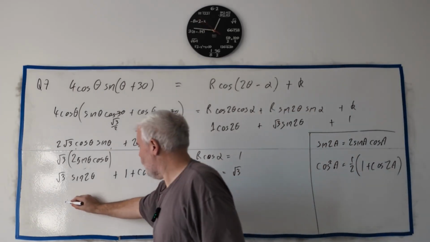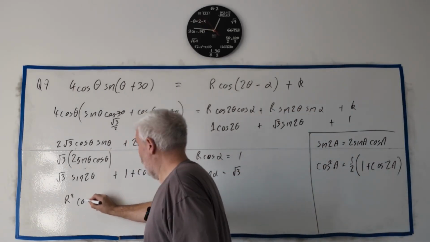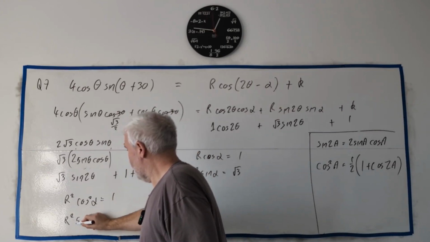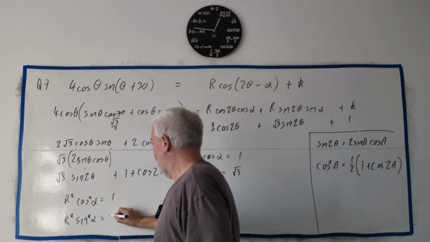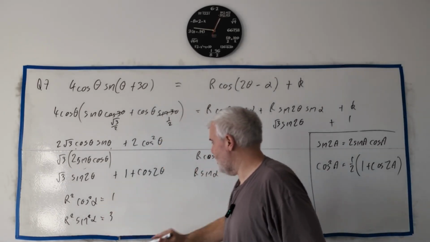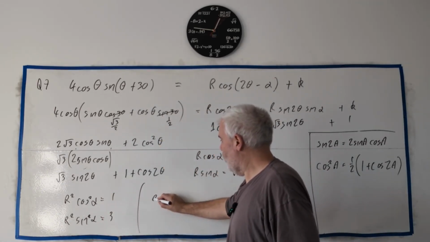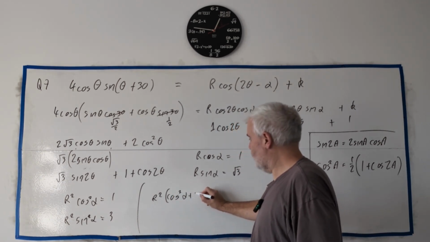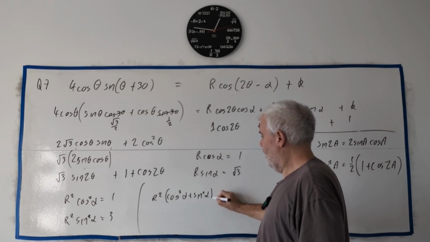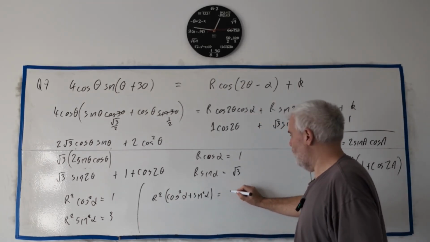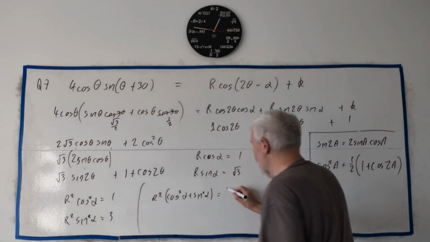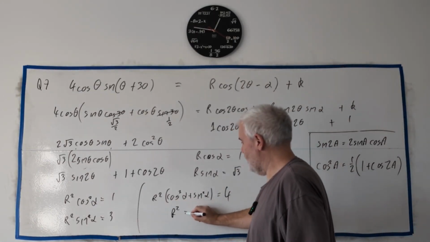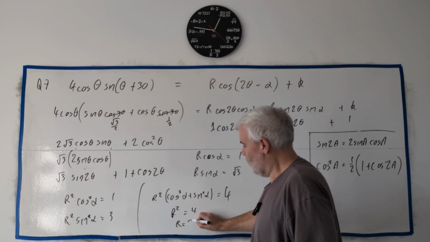The top one squared would be r squared cosine squared alpha is equal to 1, and r squared sine squared alpha is equal to 3. If we add these together, we get r squared, cosine squared alpha plus sine squared alpha, is equal to 4. Well, this is just 1. So we're just left with r squared is equal to 4, so r is equal to 2.